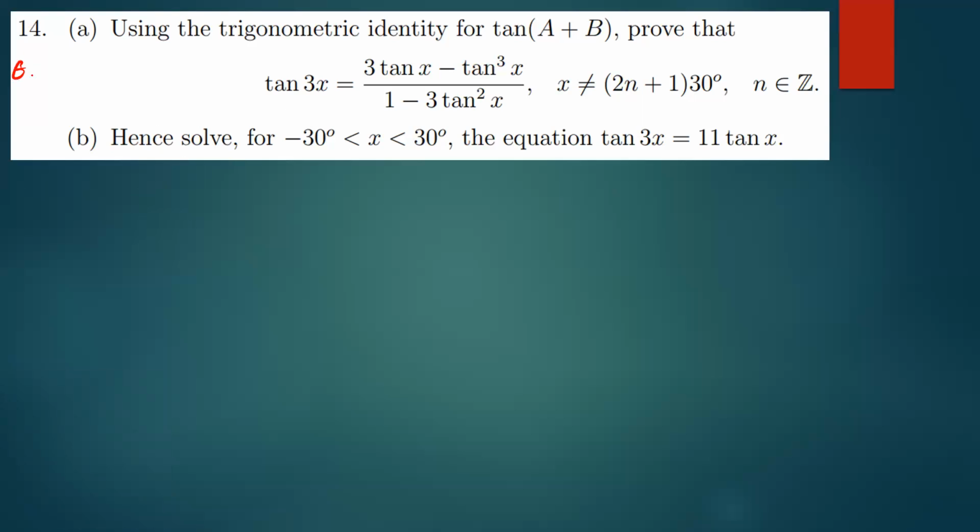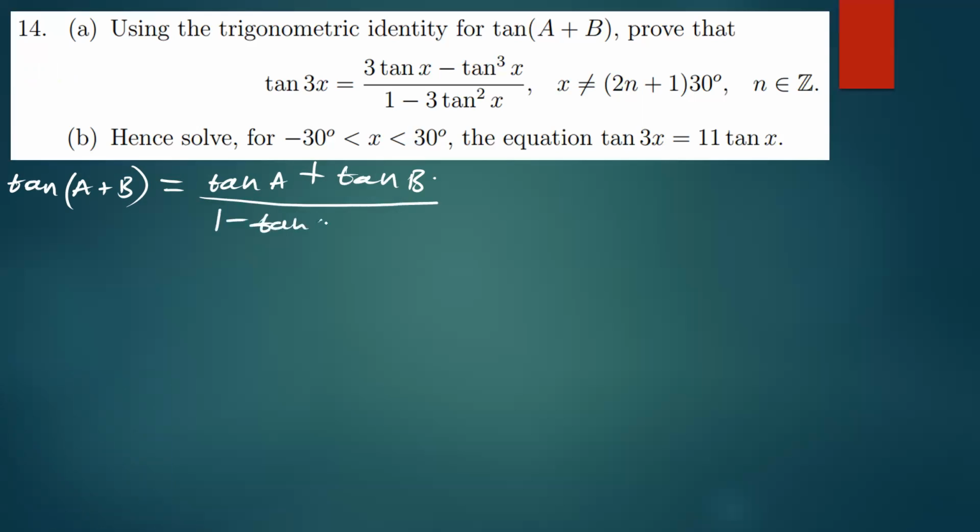So tan(a + b), let me write it on the screen. tan(a + b) is simply equal to tan a plus tan b, then everything over 1 minus tan a tan b.